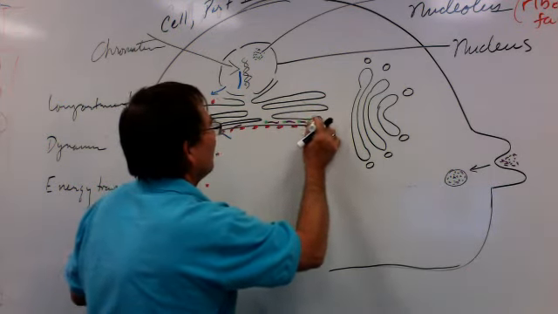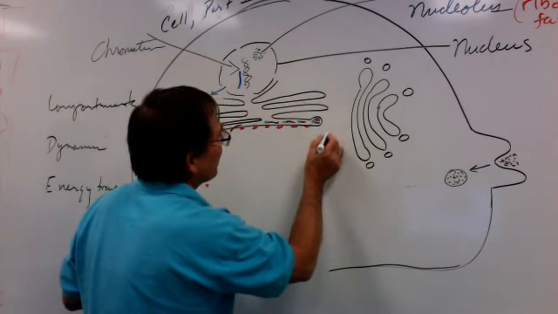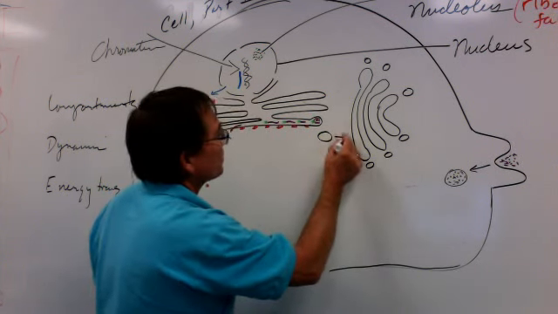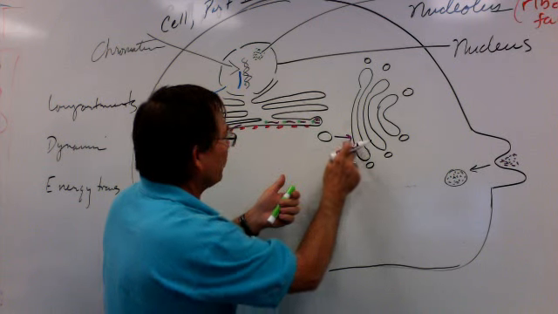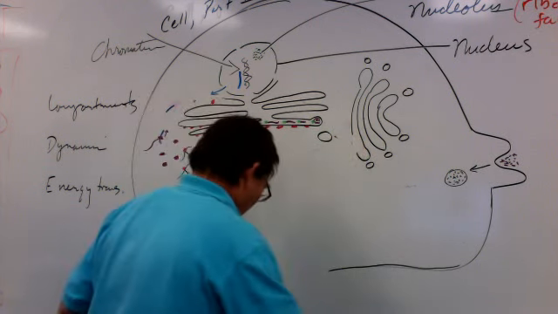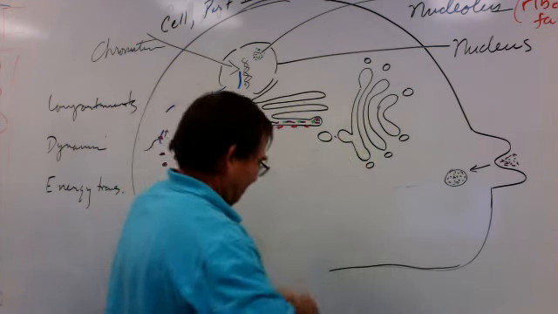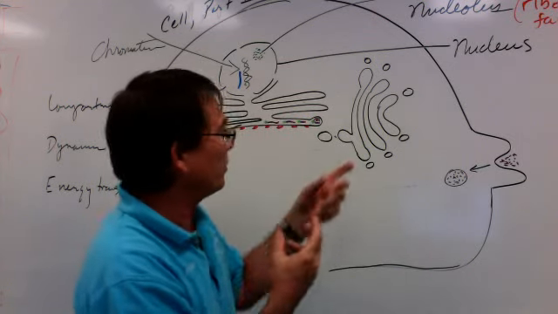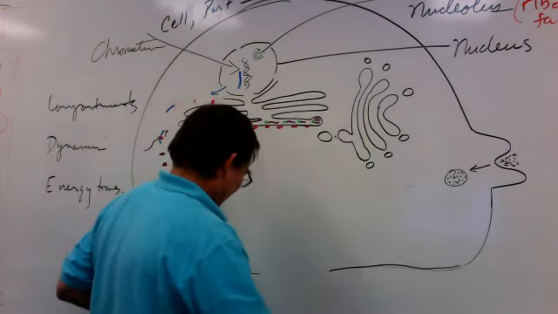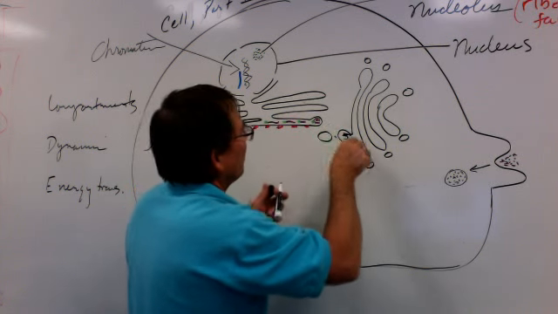Okay, so I show here now a vesicle pinching off or budding off, and then moving towards the Golgi apparatus, where it will fuse here like that. So when it comes into contact with the membrane of the Golgi apparatus, those membranes will coalesce and fuse together, and the protein will be delivered here.